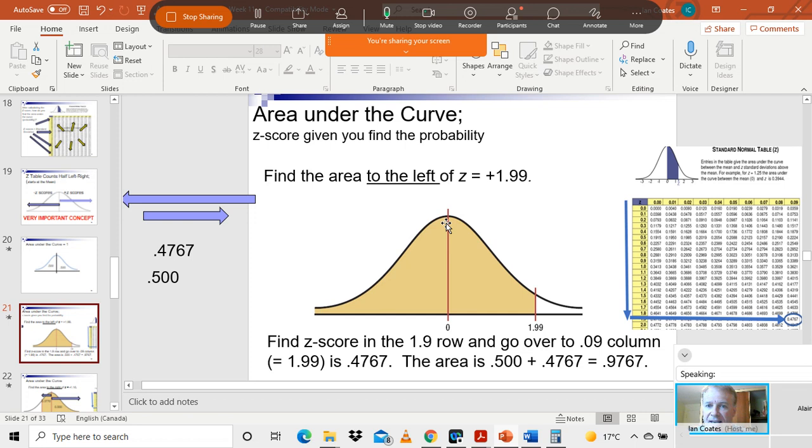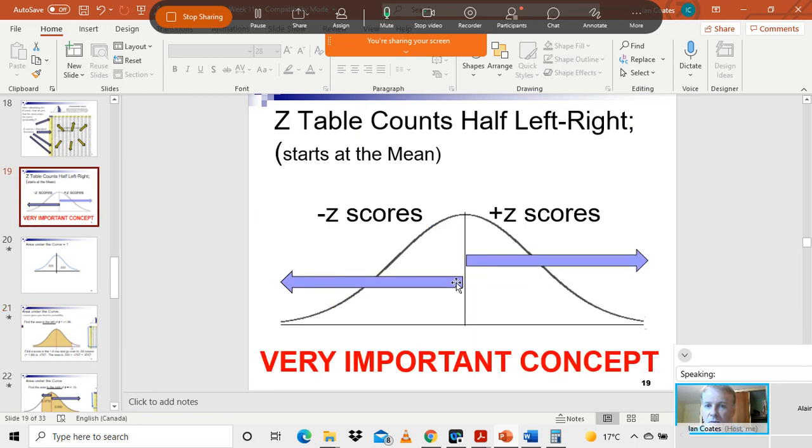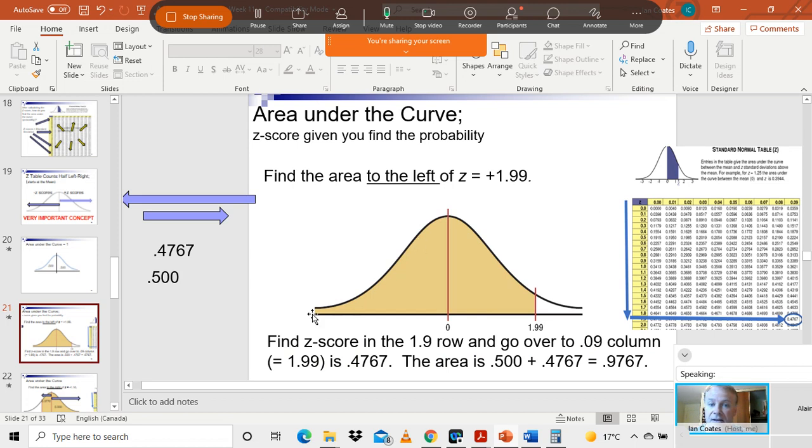This side here, because we're measuring this side and this side together to get one number, this side right here is 0.5. So right there at the side of your page, you can write 0.5000, however many you want. Okay, so that's 50%. Half the question's already done. And now we just need to find the area under the curve for this section.